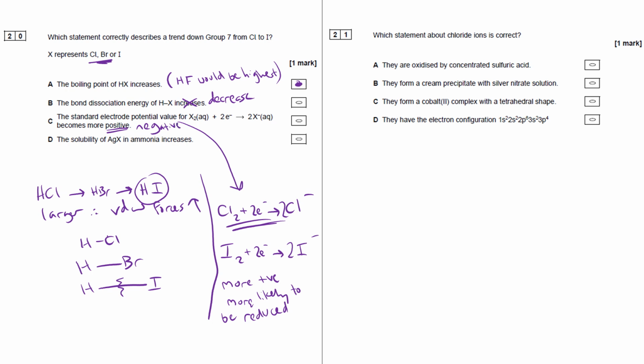Again, quite a difficult sentence to understand and to interpret, because it requires an understanding of the electrode potential topic as well. Statement D: what happens to the solubility of the silver halides? Hopefully you're aware silver chloride, the white precipitate, dissolves in dilute ammonia.